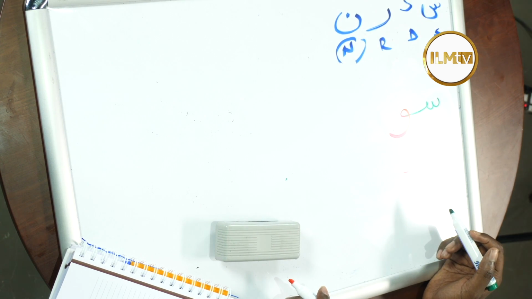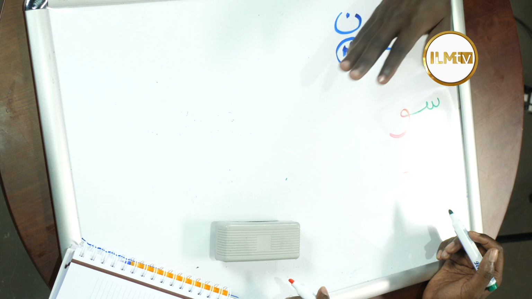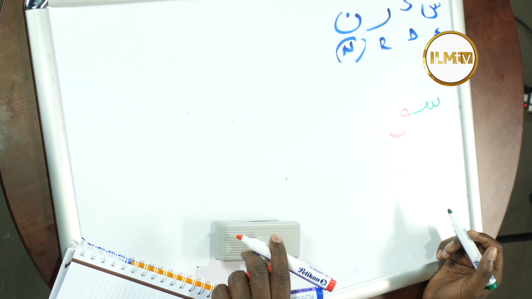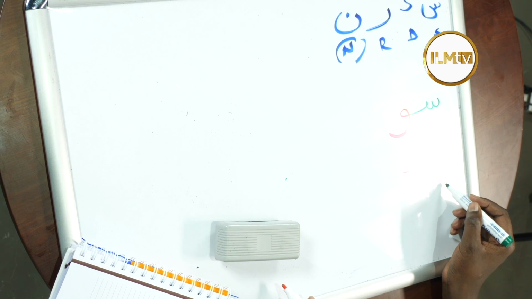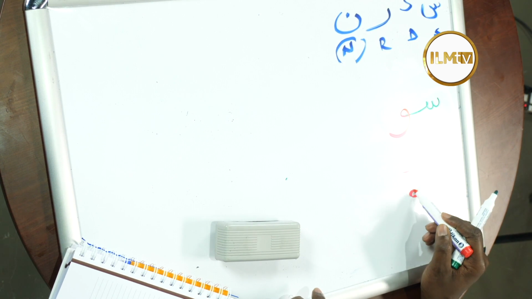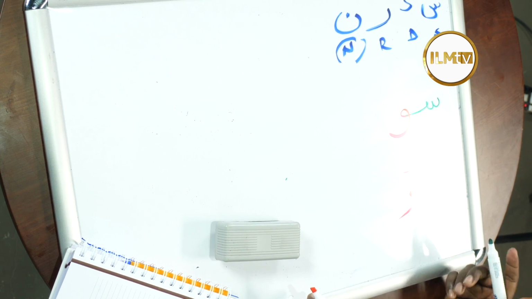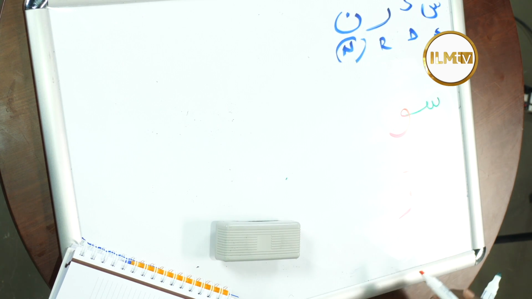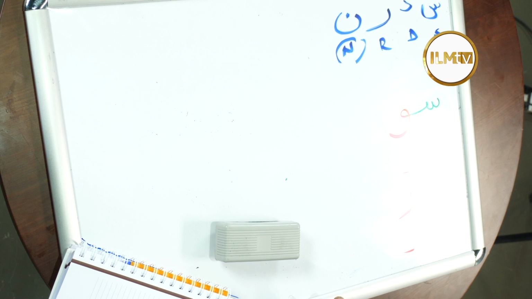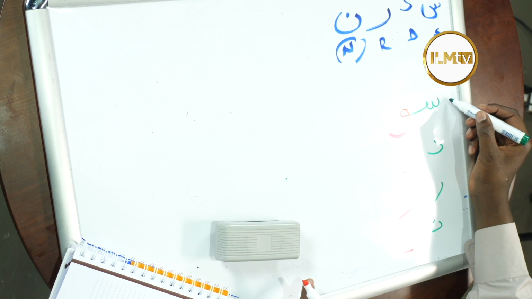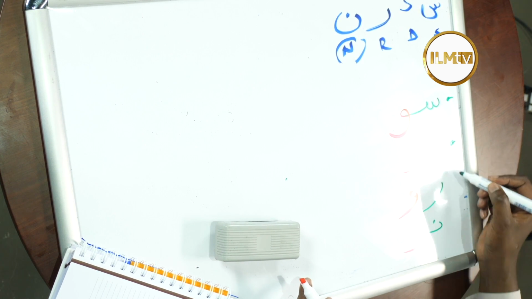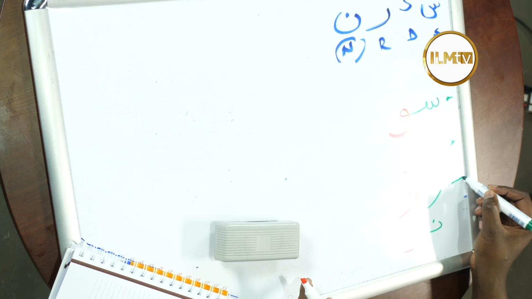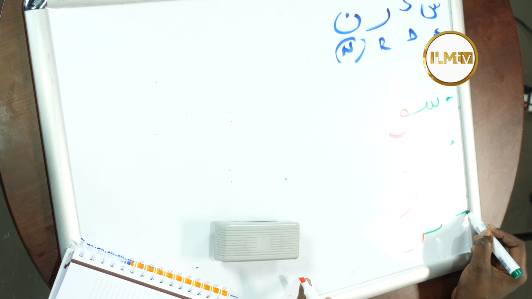We can have an R and a U. And finally, we can have an N and a U. So we have Su, Do, Ru, and Nu.